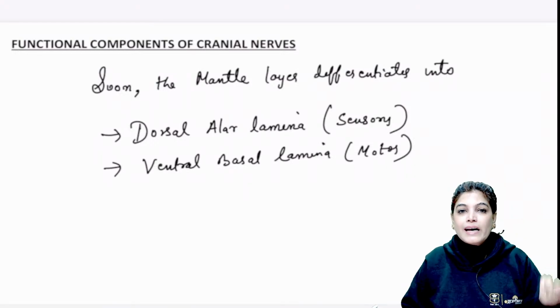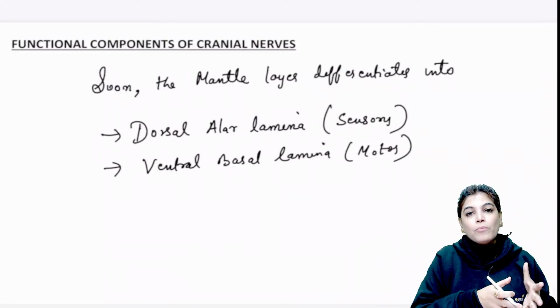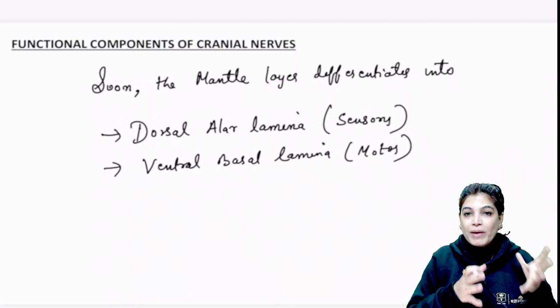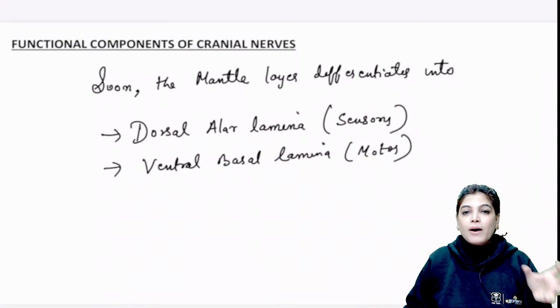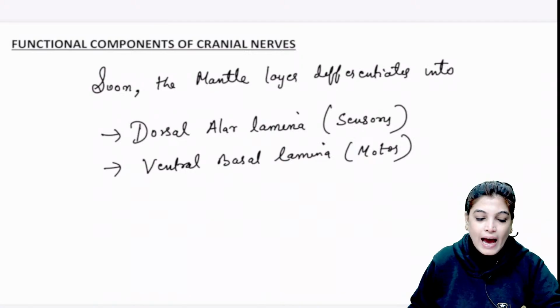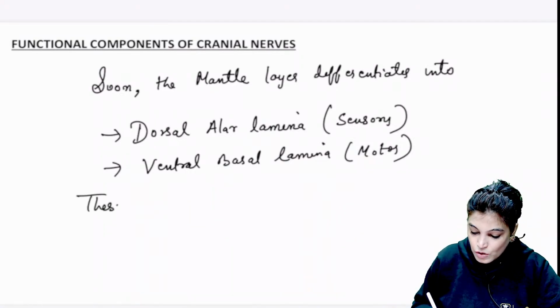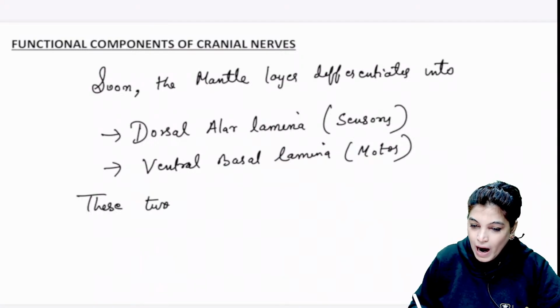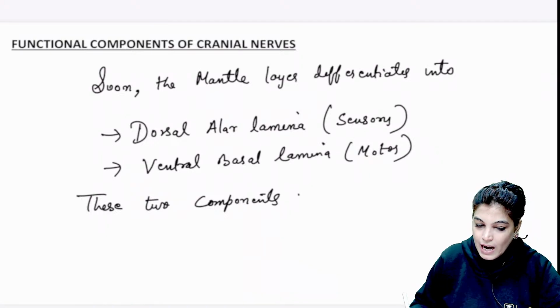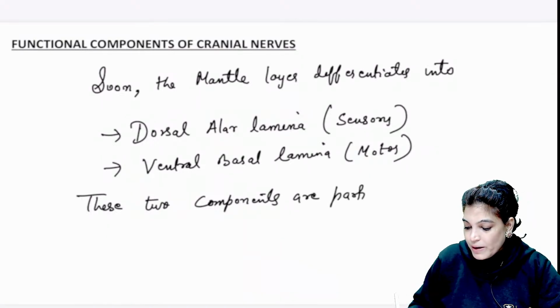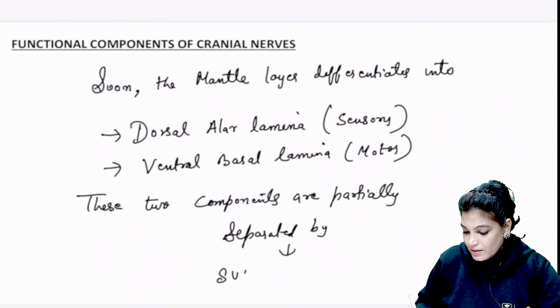Dorsal means posterior, ventral means anterior. The anterior component is the motor, also called the basal lamina, and the dorsal component is sensory, called the alar lamina. These two parts or components are partially separated by the sulcus limitans.